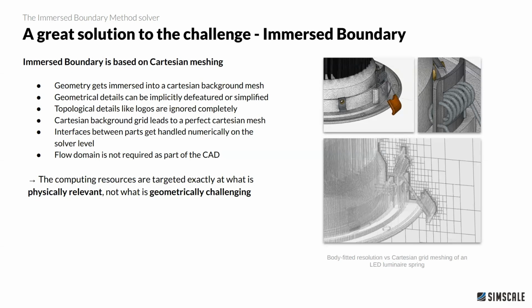Of course, you can also run just the default sizing to use the automatic meshing. And that enables you to invest the computing resources that you have to run what is really physically relevant and not focus on what is geometrically challenging. And all of that without spending all of the time and pain on cumbersome cleanup and simplification. So that is really great.